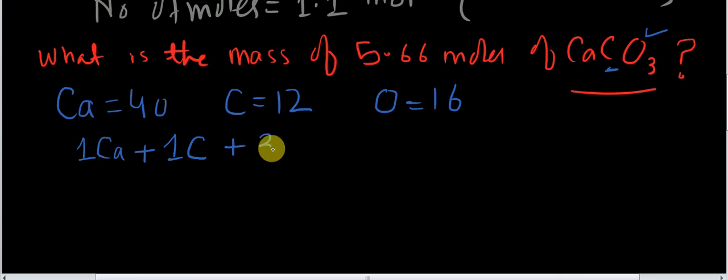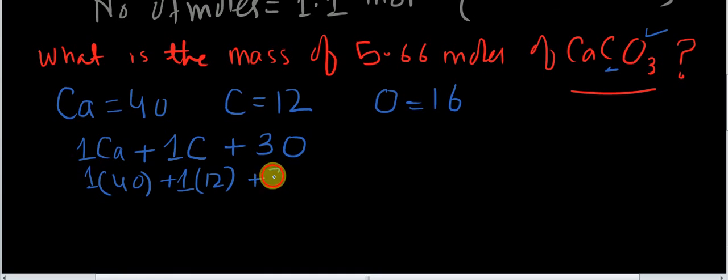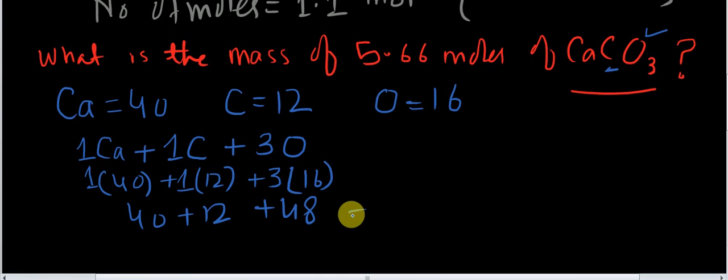And there are 3 oxygens, 3 O. Now put the value. Calcium has 40. Carbon has 12. Oxygen has 16. 40 plus 12 plus 48 is equal to 100. This is the molecular mass. What is the unit? Grams per mole.